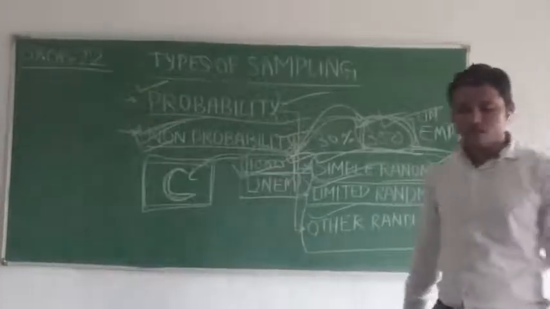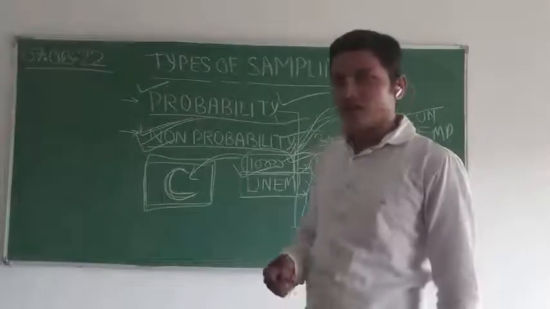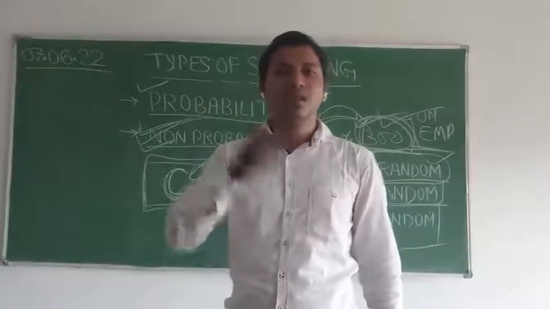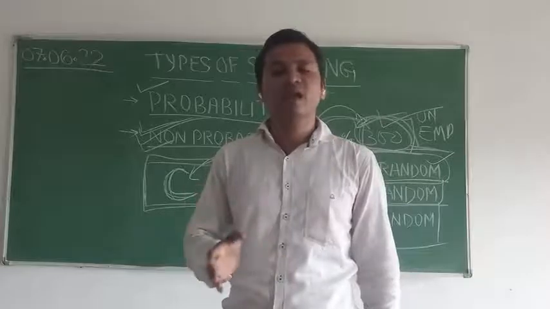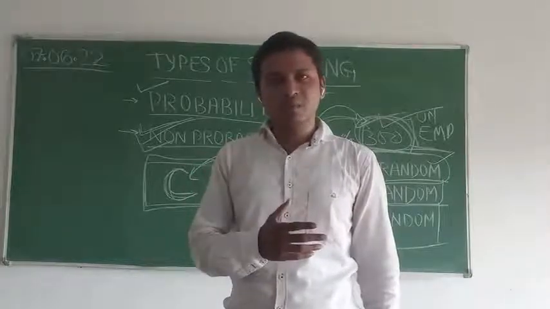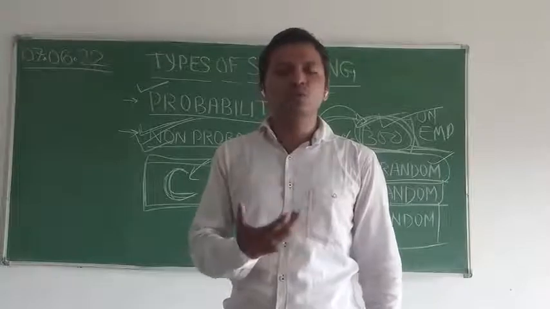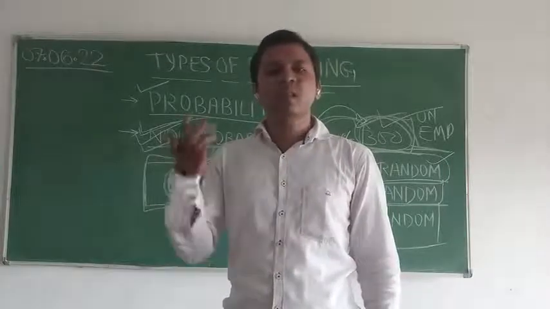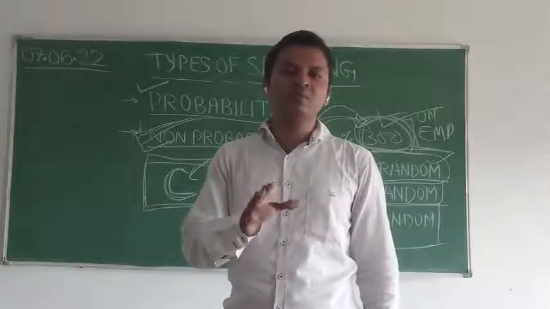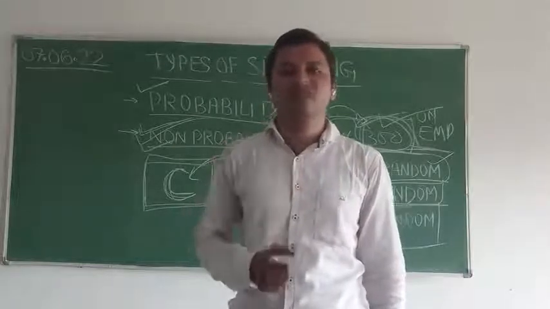In simple random sampling, anybody can be chosen randomly as a sample from the universe, while in limited random sampling a person can be chosen randomly but with some restrictions.